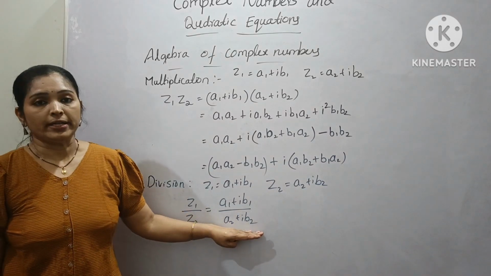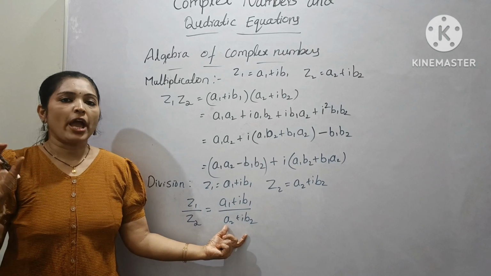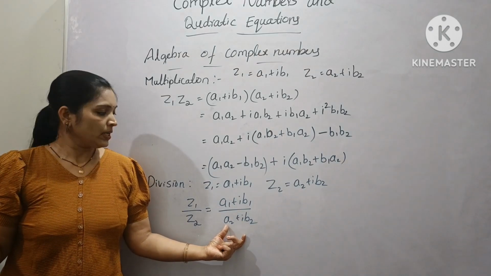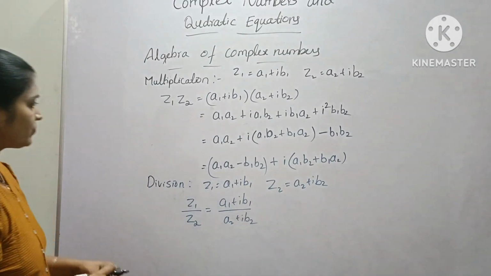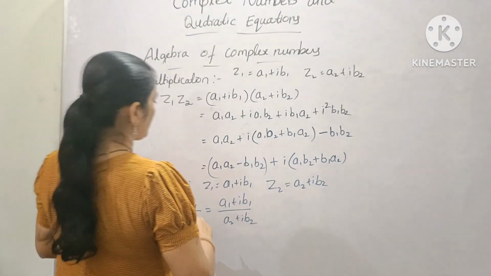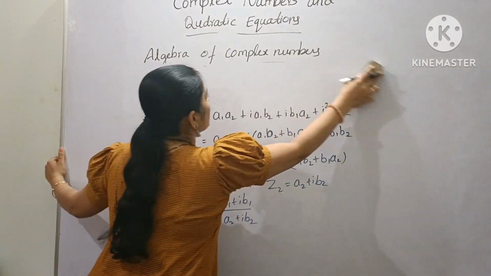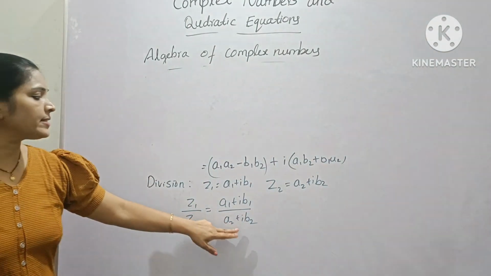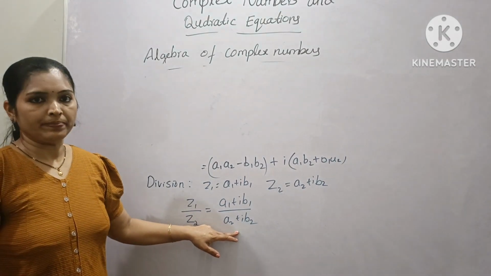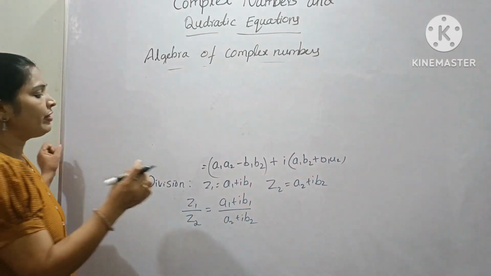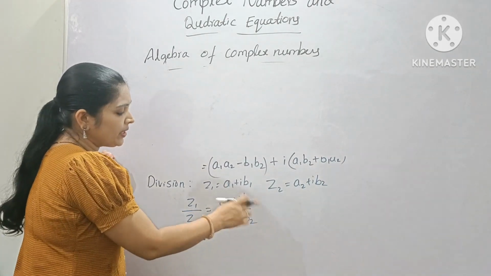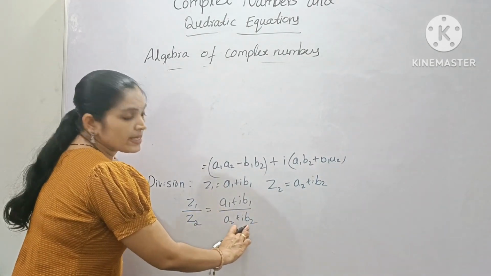First of all, we have to make the denominator a real number. Let us see how. For that we will multiply and divide by a2 minus ib2.